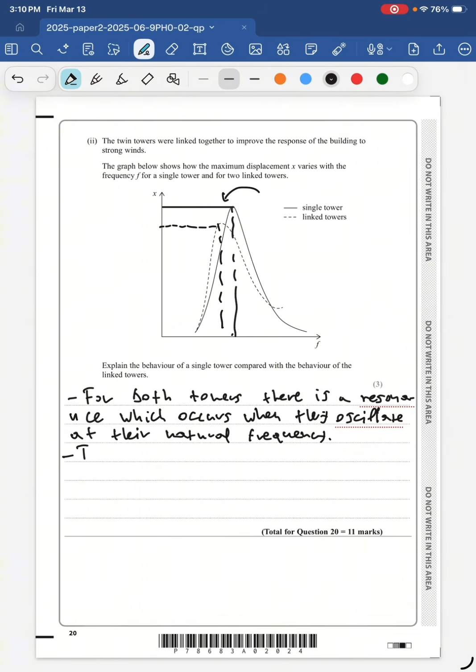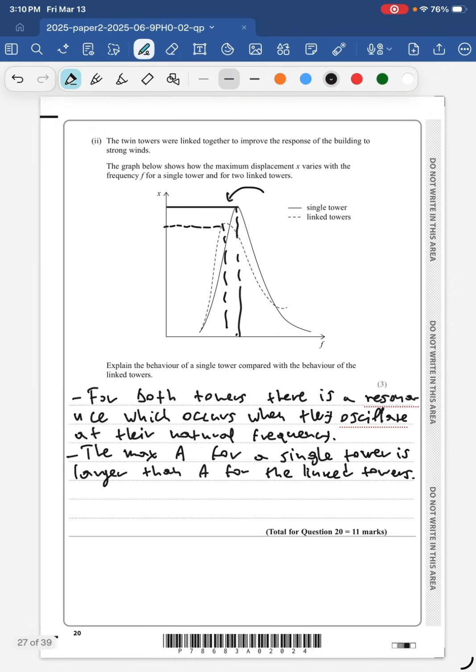The maximum amplitude for a single tower is larger than for the linked towers.